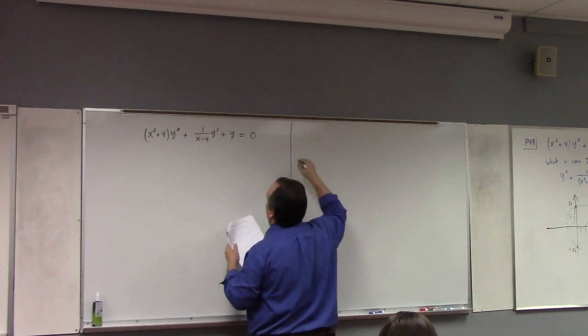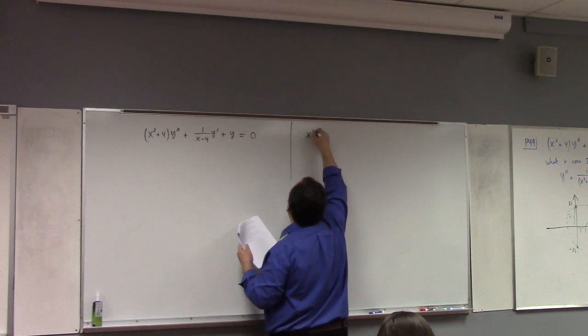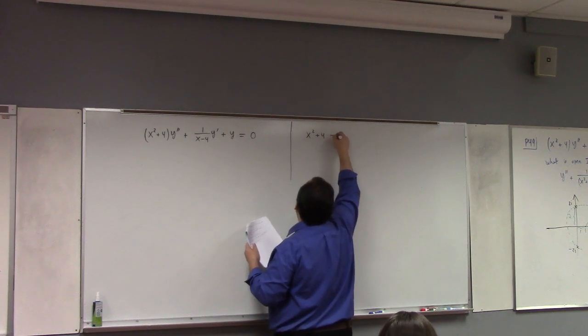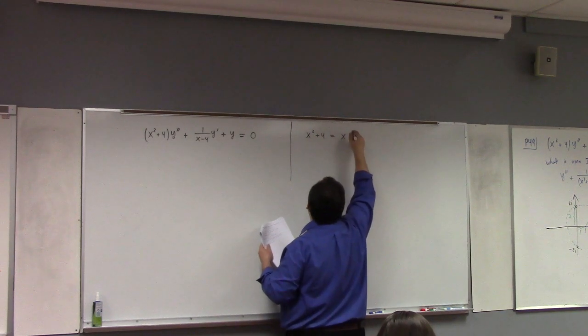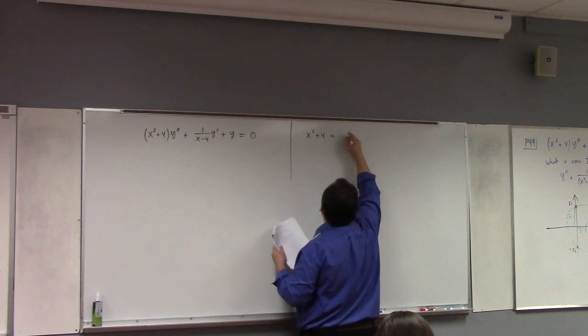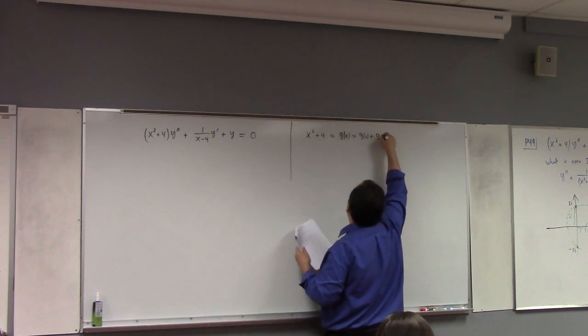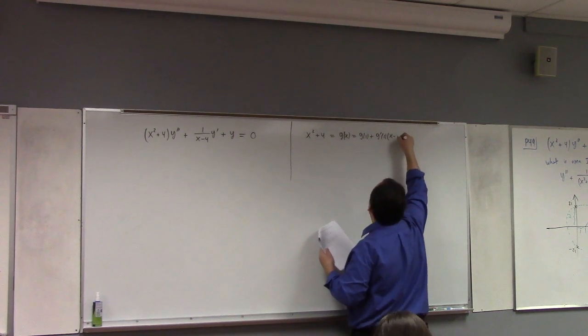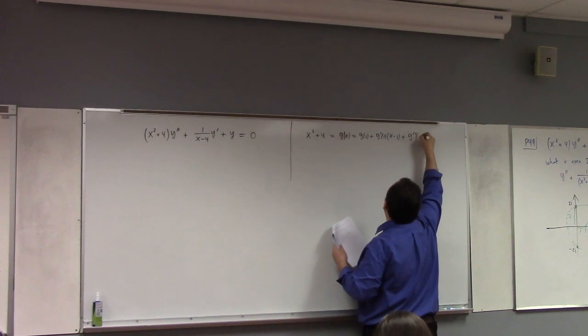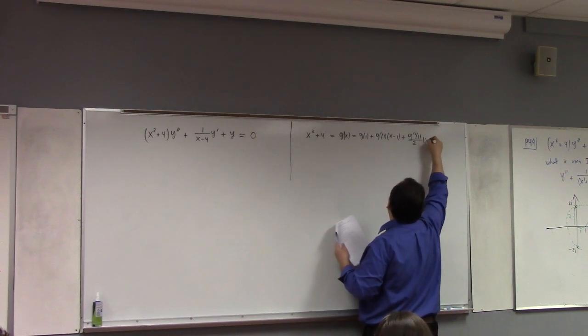Sidebar. How do we recenter x squared plus 4 at 1? What I would do is just call this g of x, and that's g of 1 plus g prime of 1 times (x minus 1) plus g prime prime of 1 over 2 times (x minus 1) squared.